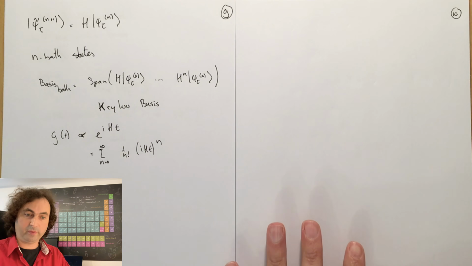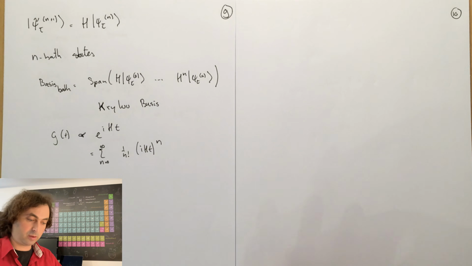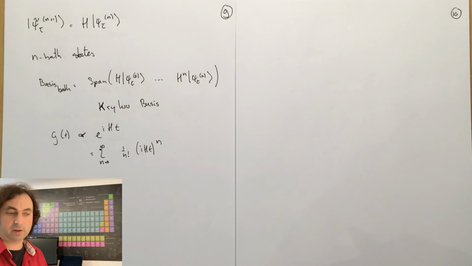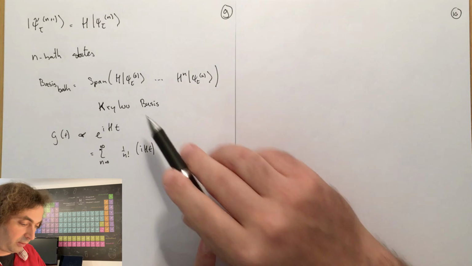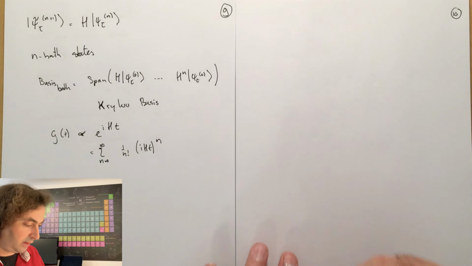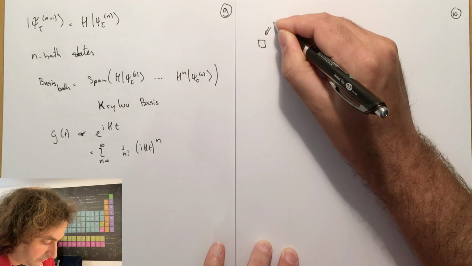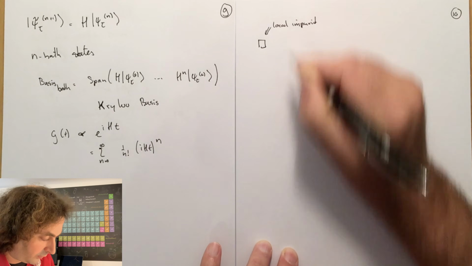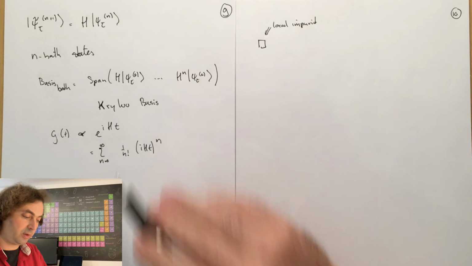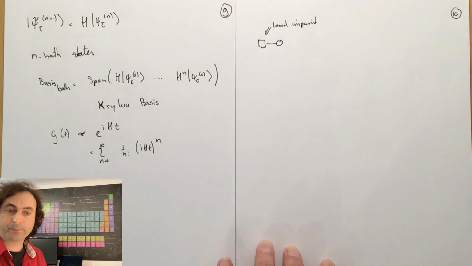Now we can have a look at a pictorial representation of these different ways to look at your local impurity and how it interacts. If you think of the Krylov method, then we start with the local impurity, and then we act with our Hamiltonian on that state, and that generated the first bath state.